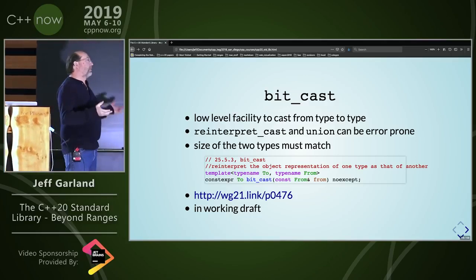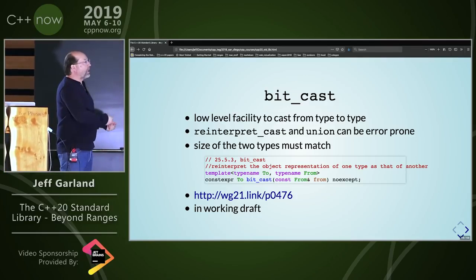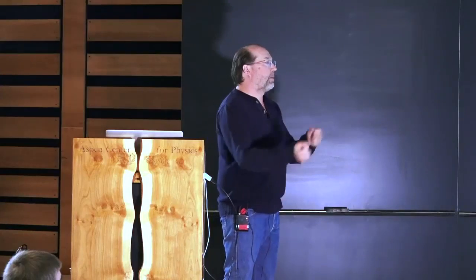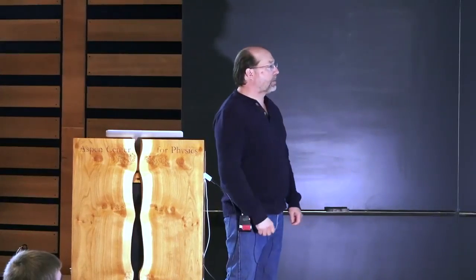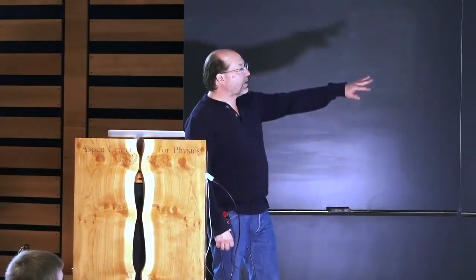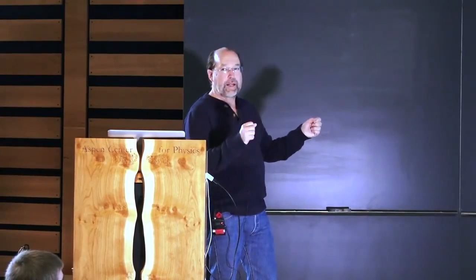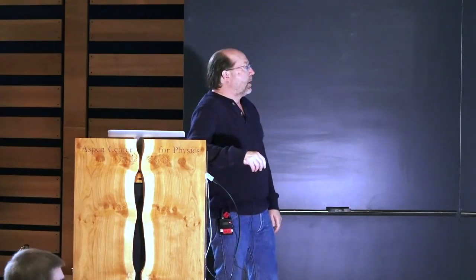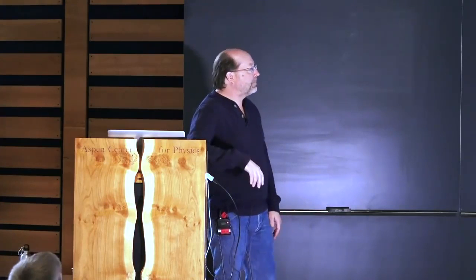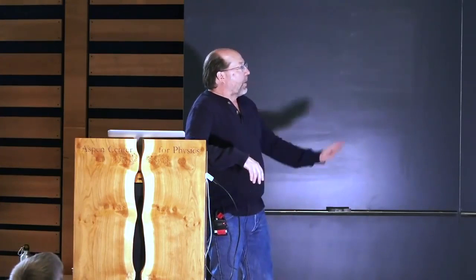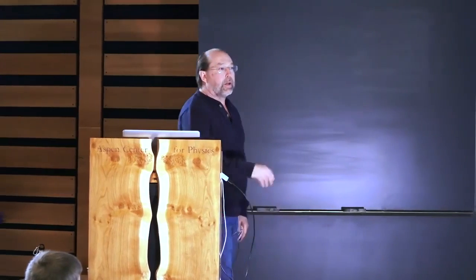And so you have some memory, you copy it to another place, and you want to cast it into a particular type. It offers a little bit more safety in that the sizes of the two types that you're trying to cast have to be the same. This is already in the working draft, so you can go take a look at it.